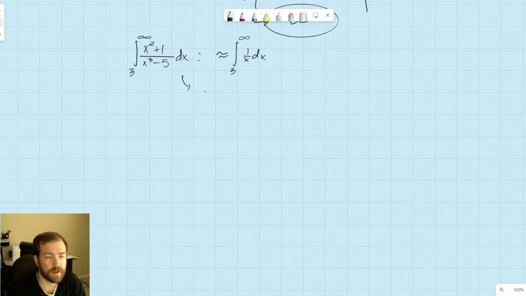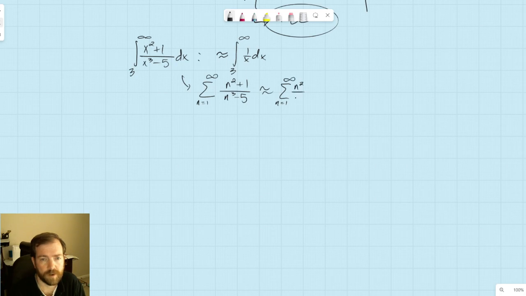So what we do is we say, okay, in terms of our series, if we did the sum as n goes from 1 to infinity of n squared plus 1 over n cubed minus 5, this would be, again, analogous to the sum as n goes from 1 to infinity of n squared over n cubed, which would be equal to 1 over n. There's also a few other things that we can try.